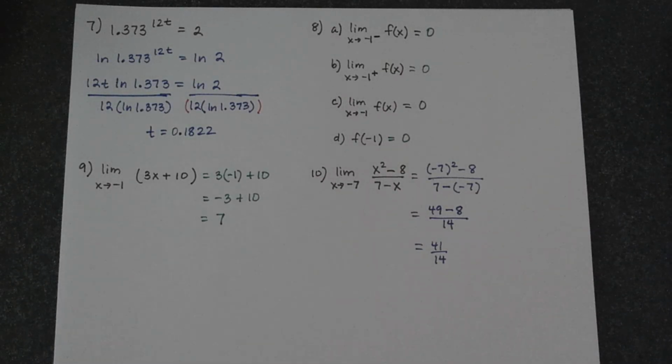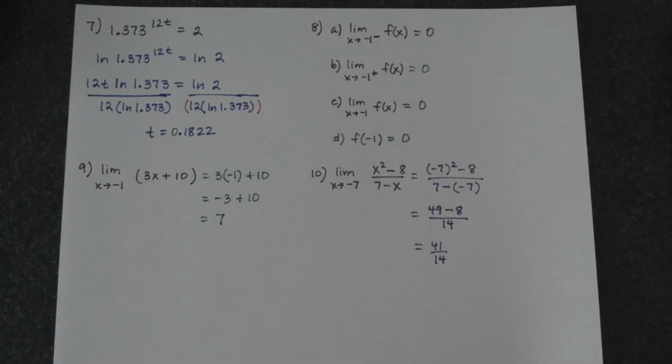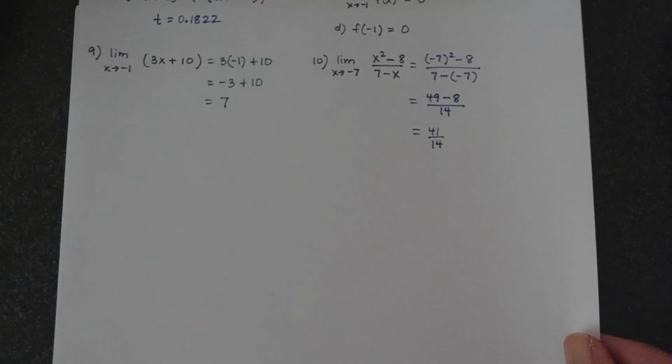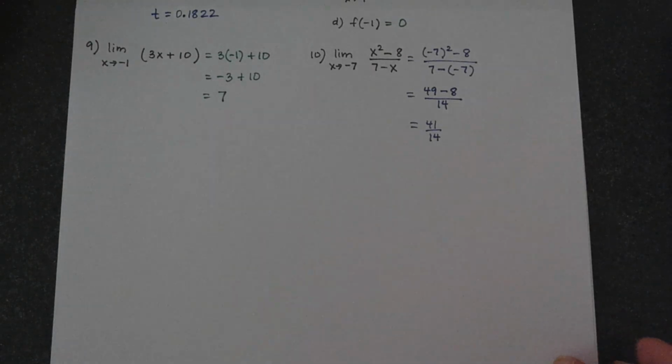So the limit as x approaches -7 of x squared minus 8 divided by 7 minus x will be 41 over 14. Okay. Questions on problem number 10? Okay. All right, number 11.